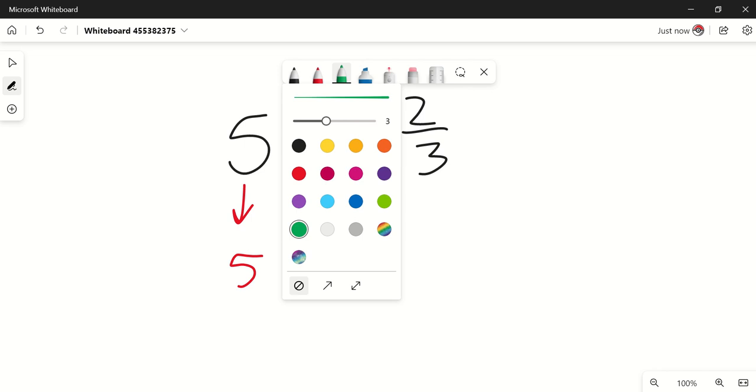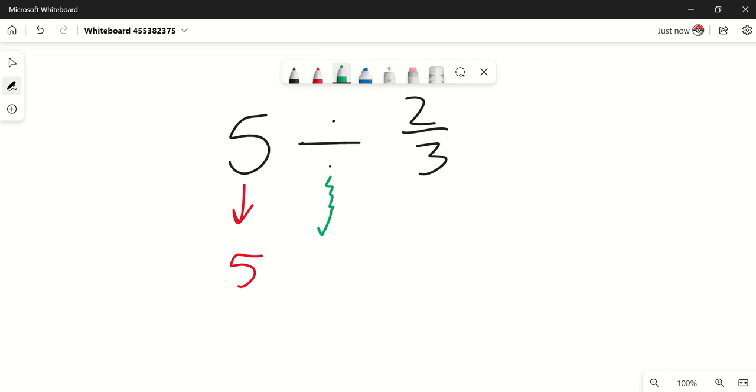The division symbol has to be changed to become multiplication. And we will be flipping, or taking the reciprocal of, our divisor, and this will be 3 over 2 instead of 2/3.